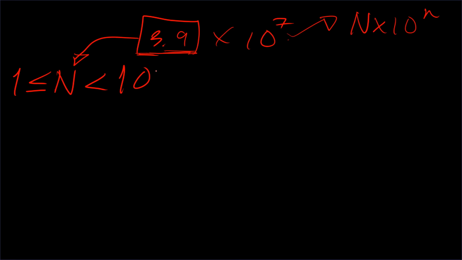So therefore, kapag mag-change tayo ng number into its scientific notation, dapat isa lang yung significant digit na nandoon sa left side ng decimal natin. And the rest of the significant numbers in your value must be written to the right of your decimal.